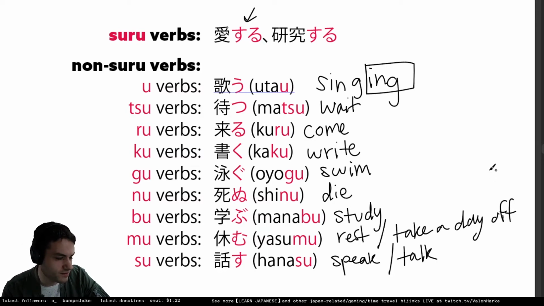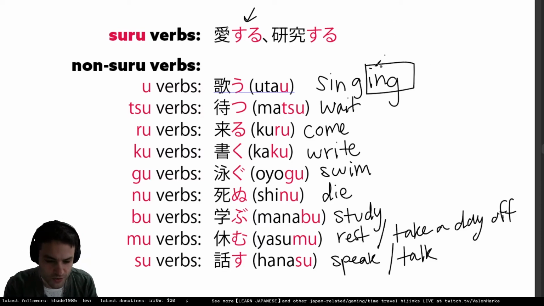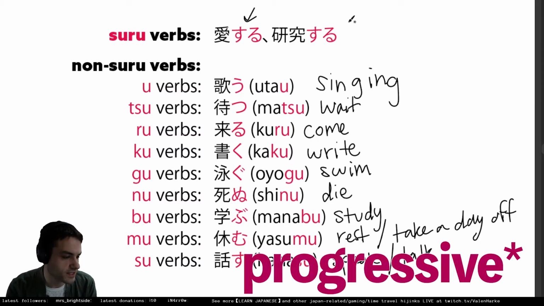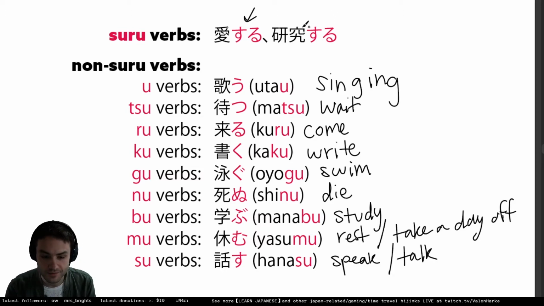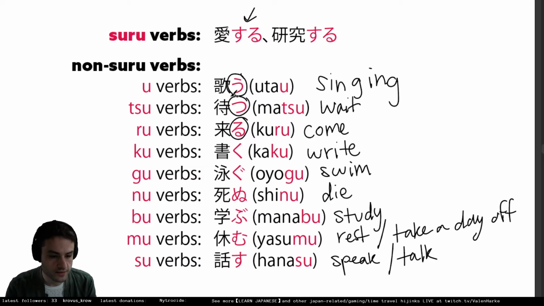If I can remember to, I will tell you what they are just in case it's useful, but for me that was always more confusing, since I also had to study those words to understand. Here's what we're going to do: I'll tell you in simple terms, like it's the ing in English. You're doing something, so if you wanted to say singing, it's going to help you conjugate, because for each one of these hiragana, there are different ways to conjugate them.